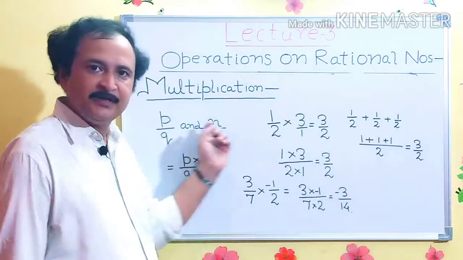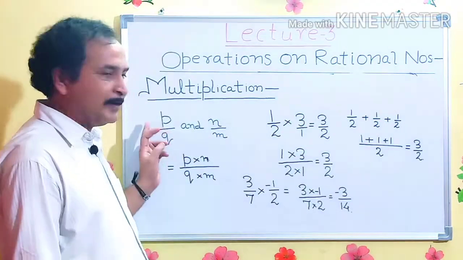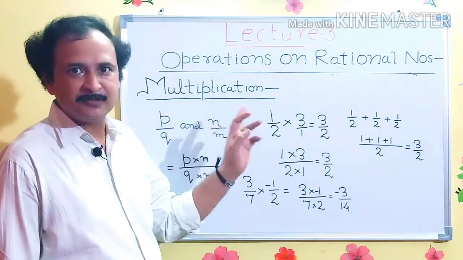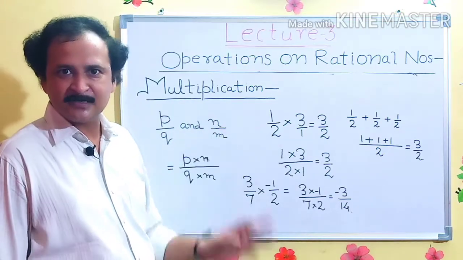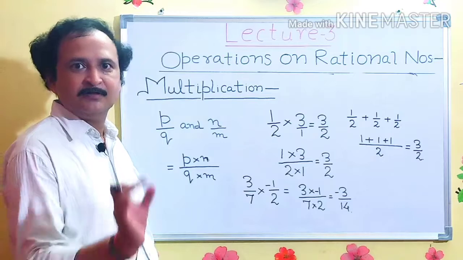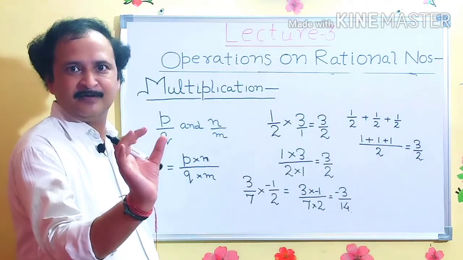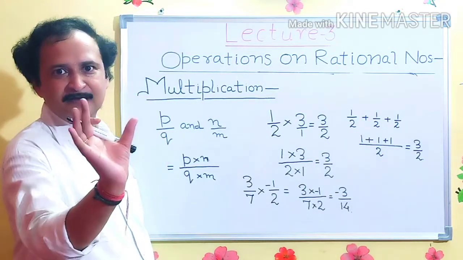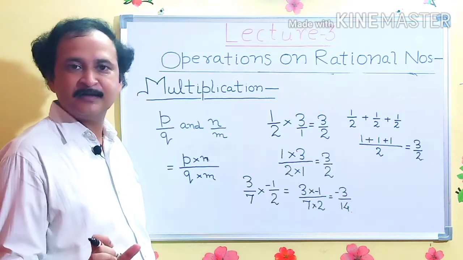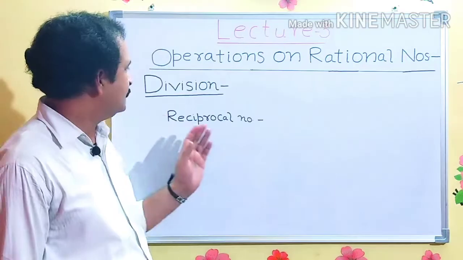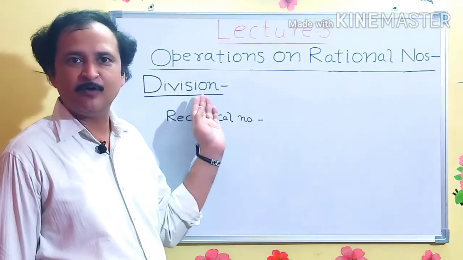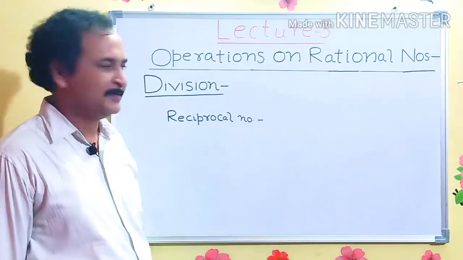Suppose there are three rational numbers, so multiply the numerators of all three rational numbers and multiply the denominators of all three rational numbers, and put the numerator of the resultant rational number by multiplying all the numerators and the denominator by multiplying all the denominators. We will now discuss the division operation on rational numbers.